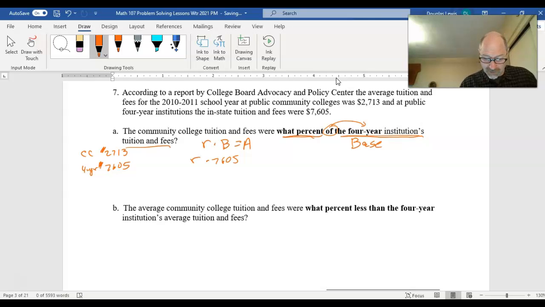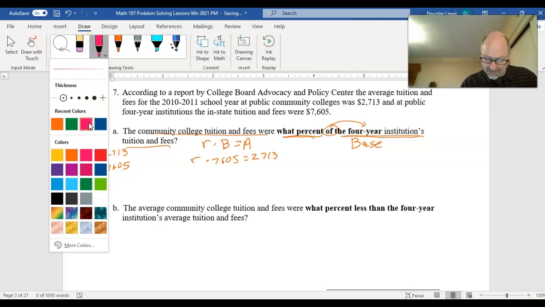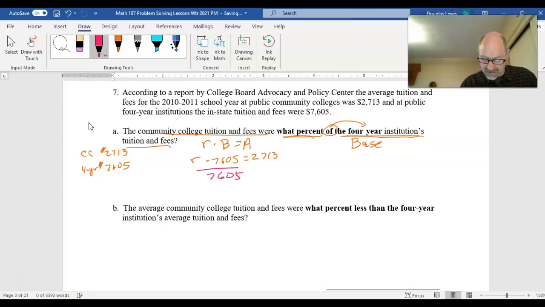That means we don't know what the R is. And it says the community college's tuition and fees. That must be the amount, the $27.13. So we can go ahead and take that and divide both sides by 76.05. And so the rate is equal to, oh, by the way, if it's going to be a percent, we're going to want to multiply by 100%.